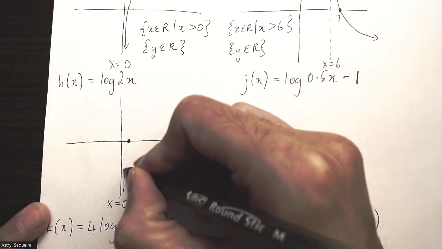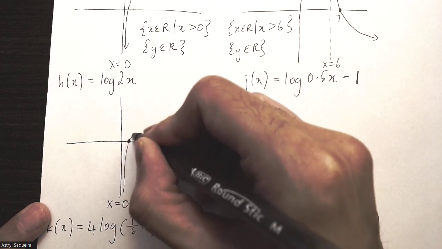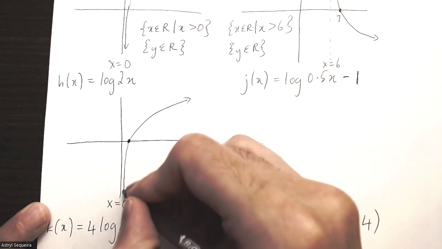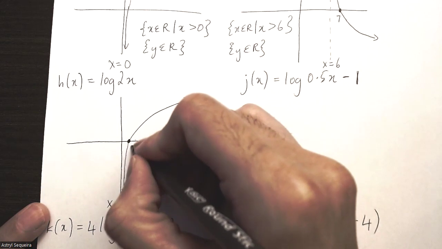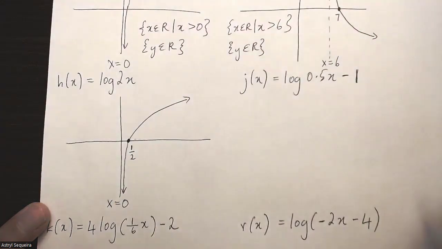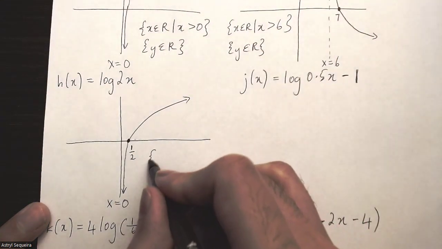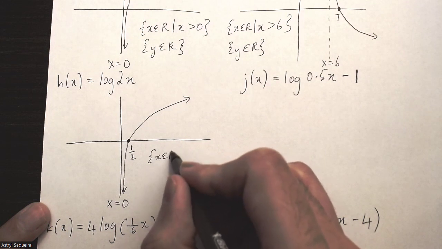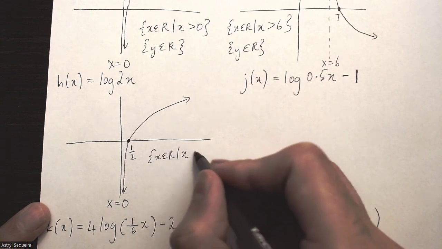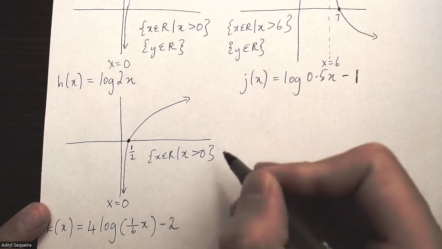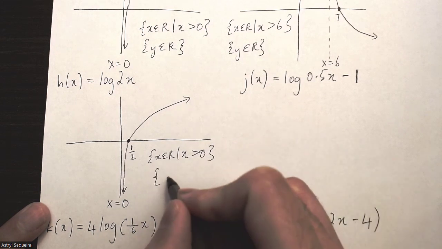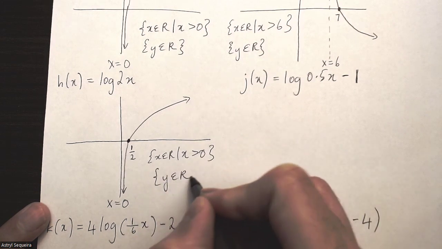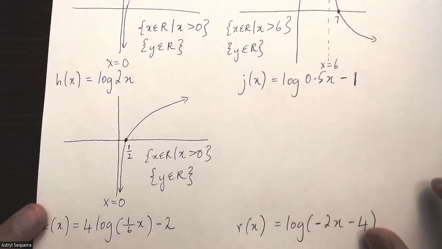Nothing changes with the shape because there's no reflections. My graph just looks like that, and this point over here is 1/2. Domain and range are the same as the original because there are no shifts or reflections. So x is greater than 0, and y is an element of all real numbers.